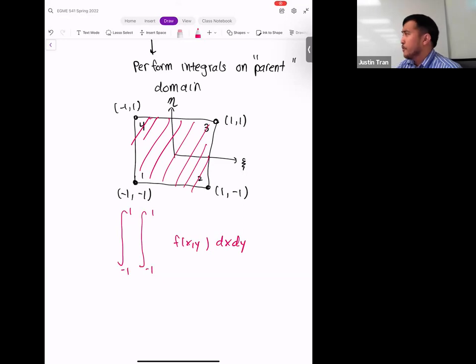It's f of epsilon and eta, d epsilon d eta, but you get the idea. This is great for us because whenever we have integration bounds that go from -1 to 1, we know that we can use our Gauss quadrature to evaluate these integrals.